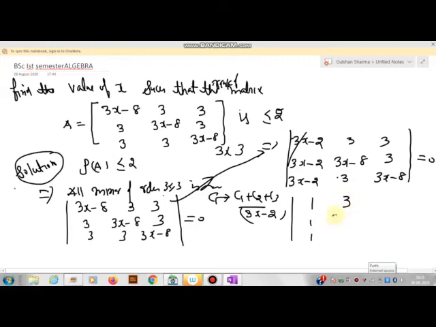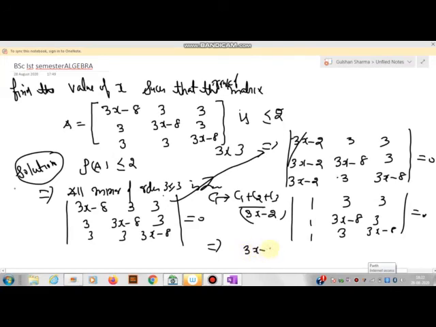जब 1 1 1 आ गया तो इसका मतलब ये डिटर्मिनेंट आसानी से सॉल्व हो जाएगा. तो उसके लिए ऑपरेशंस लगाते हैं. So what will happen? R2 minus R1, R3 minus R1. So we calculate the value using this one. This will become 3x minus 2.